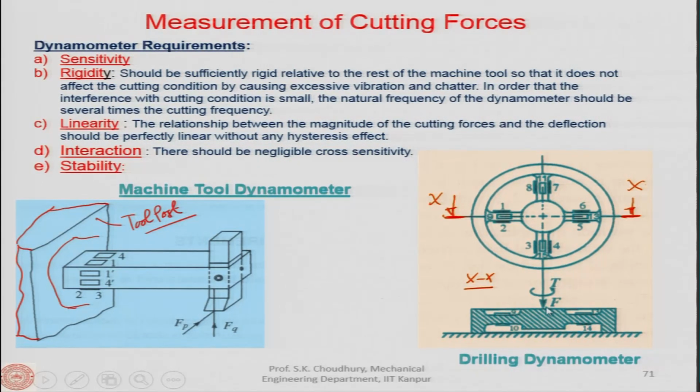Now, when the torque is acting, as you understand, suppose there is a torque acting here. Then these arms will be affected in bending, these arms will be bending, and 1, 2, 3, 4, 5, 6 and 7, 8, these are the sensors which will then sense this kind of torque which is applied.